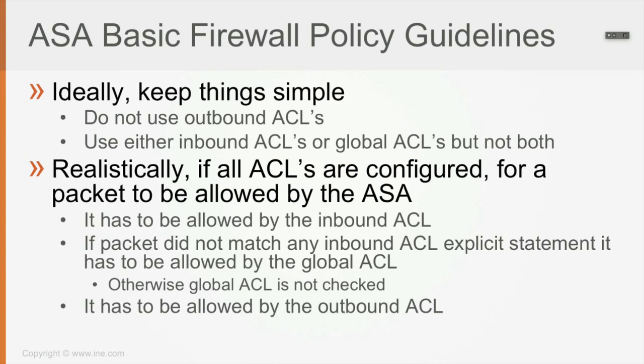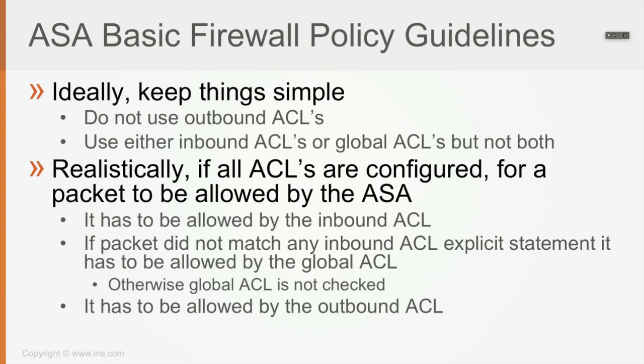And then if the packet did not match any inbound ACL explicit statements, it has to match a permit statement on the global ACL. If the packet did match an inbound ACL explicit statement, then the global ACL is not checked.